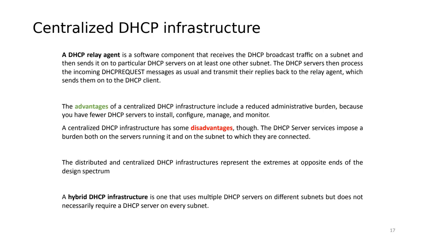The second method is the centralized DHCP server. You can tell from the name, which means we have how many servers? We have one dedicated DHCP server that will serve the whole network. And then you will have a DHCP relay agent in each subnet or segment. It is the software component that will deal with the central DHCP server.